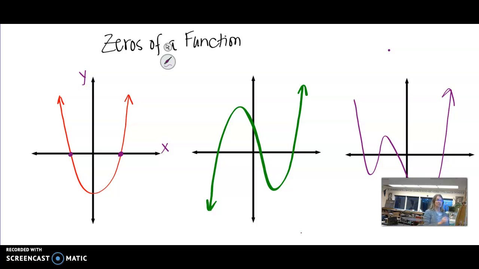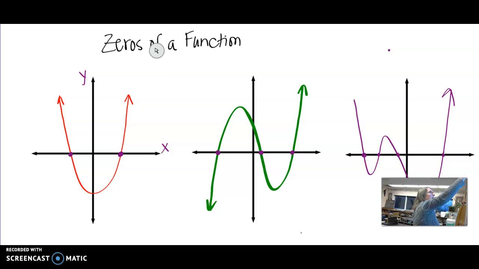Your y-coordinate, when you're on the x-axis, is 0, so that's why they're called zeros. But now, this next graph right here has 3 zeros. And those are all real zeros because they are x-intercepts. And then this third graph here has 4 zeros.